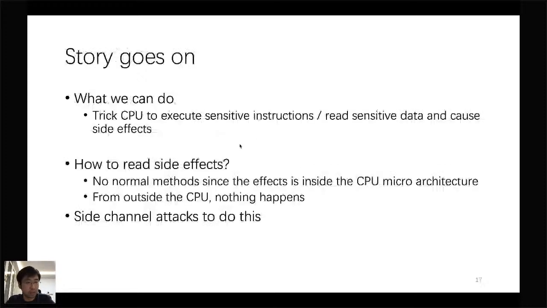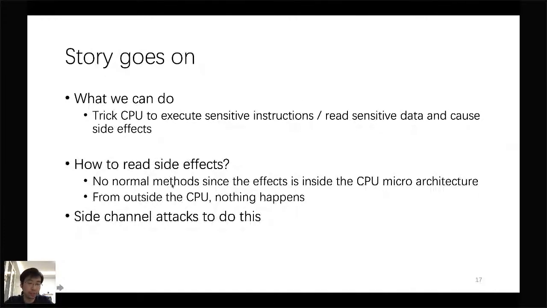Okay, the story goes on. With the Spectre and Meltdown vulnerabilities, we can trick the CPU to execute some sensitive instructions and read some sensitive data and cause side effects inside the CPU in its microarchitecture. But actually, we cannot read the value out of the CPU.